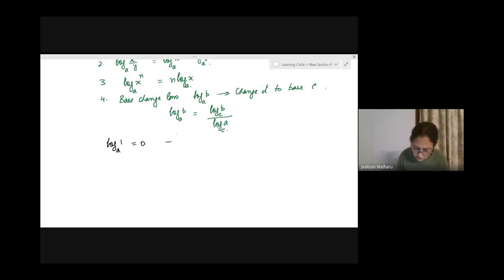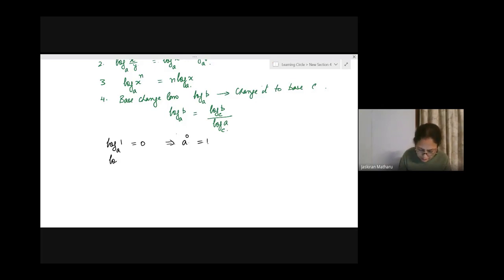Why? Because as we have defined logarithm, we already know from laws of exponents that any number raised to the power 0 is 1. So a is the base, power is 0, and the answer will be 1. So this is one of the consequences of the logarithm.